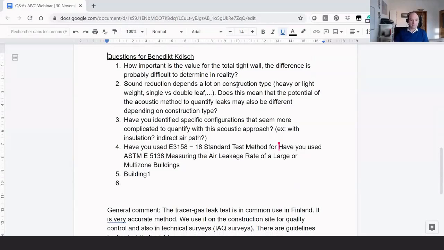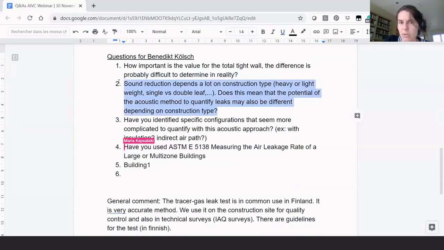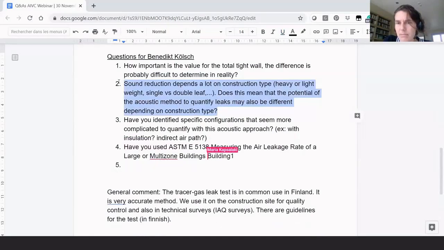I think a lot of the questions go in this direction. Sound reduction depends a lot on construction type. If it is light, does it mean that the potential of the acoustic method to quantify leaks may also differ depending on construction type? It depends on different construction types, and we saw that it works.